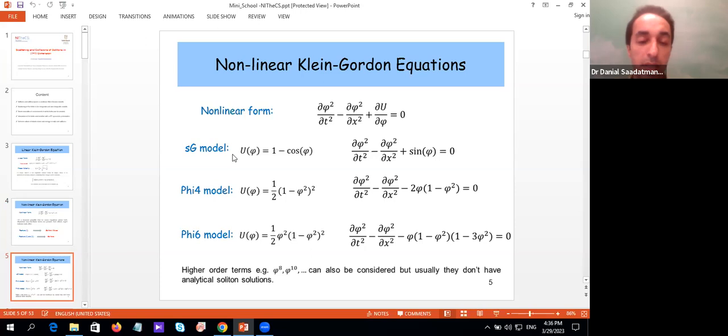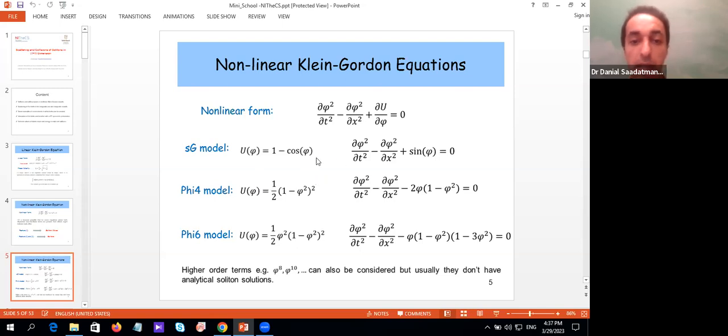Here, I just want to introduce the three well-known nonlinear Klein-Gordon equations. In this lecture, I specifically talk about the sine-Gordon model. If the potential of the Lagrangian is in the form of 1 minus cos phi, we call it the sine-Gordon model. And if the potential is in this other form, we have the phi-4 and phi-6 models. The names phi-4 and phi-6 come from the power of the potential.